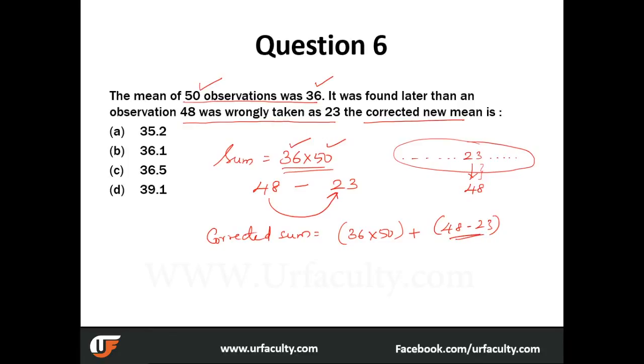This is the deviation that we see in the overall sum, and that needs to be added to the initial sum to get the corrected mean. So the corrected sum will be 1825. And what is the new mean, or the corrected mean? 1825 by 50, which is 36.5.